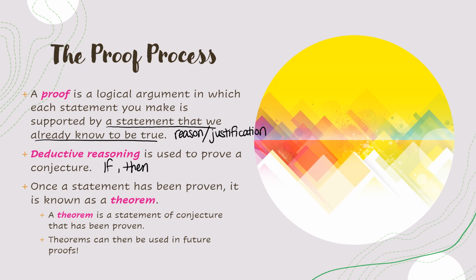Oftentimes we'll prove them, but it's not like every single fact we bring up in geometry is something we're going to have to prove. No, just particular ones. Now, stuff we've proven in class or previously in our homework or whatever, we can then use later on. So our bucket of reasons and justification is just really going to grow and grow and grow.